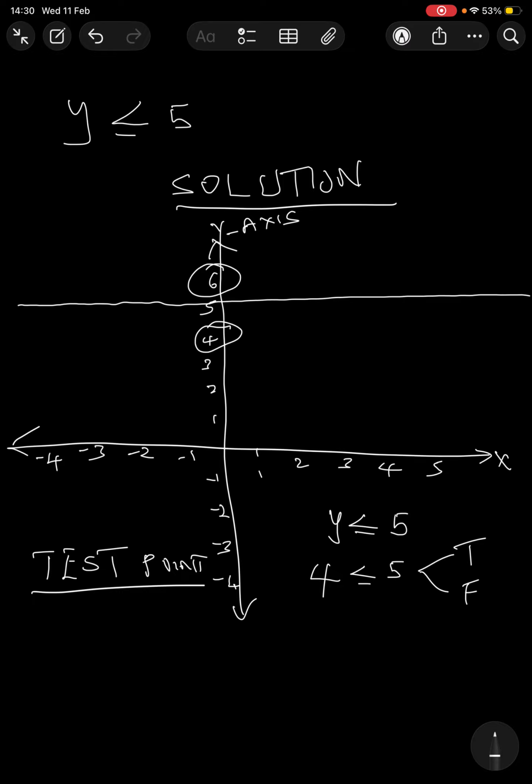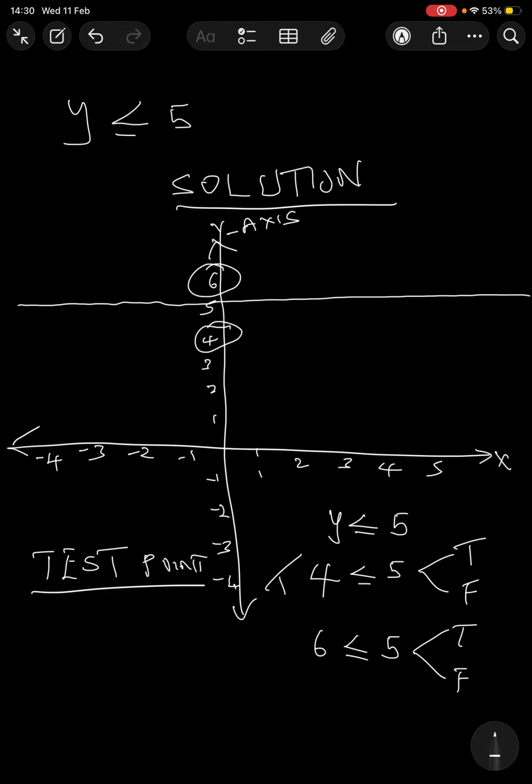Next, above the line, 6. Is 6 less than or equal to 5? Is it true or false? 4 is less than 5. This is true.